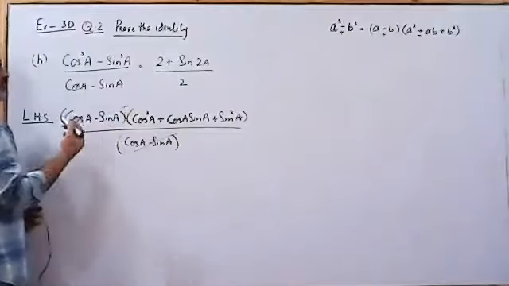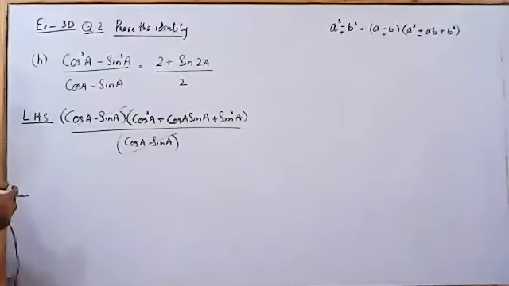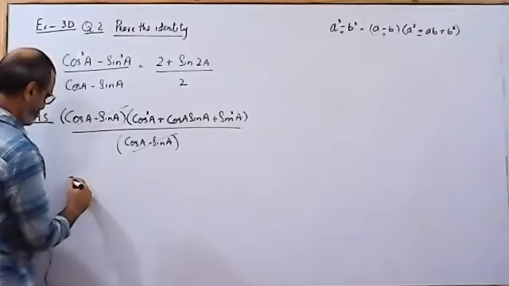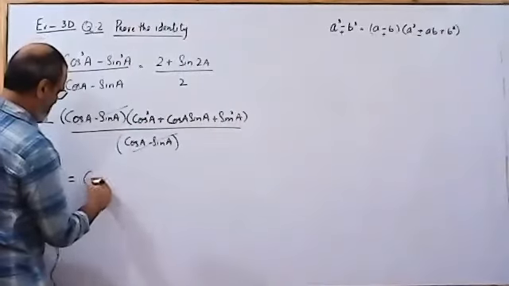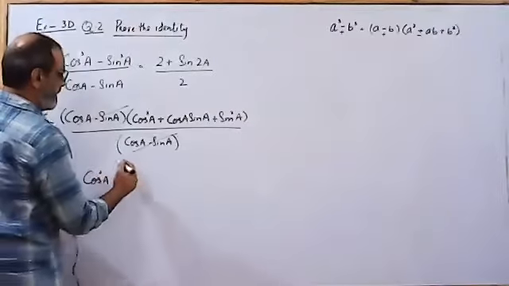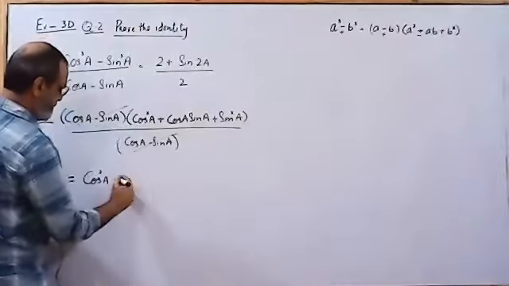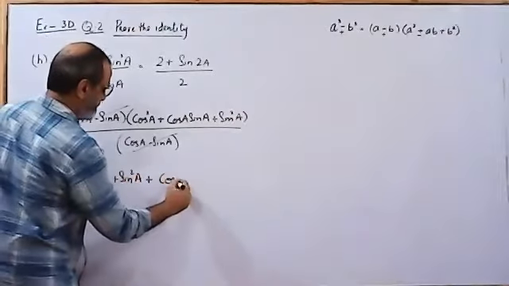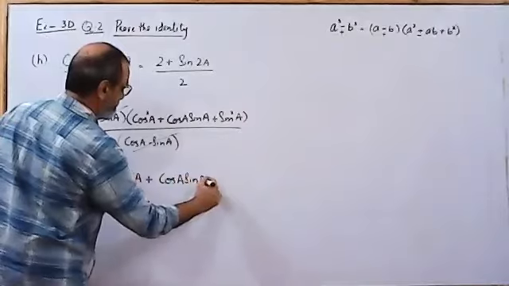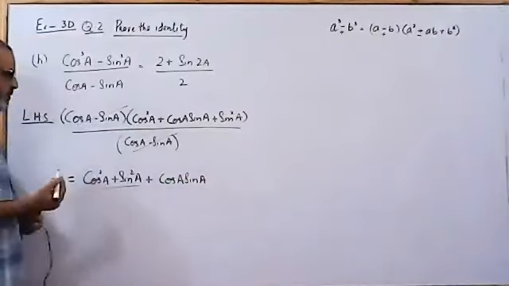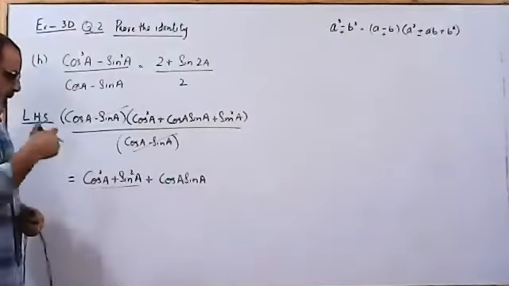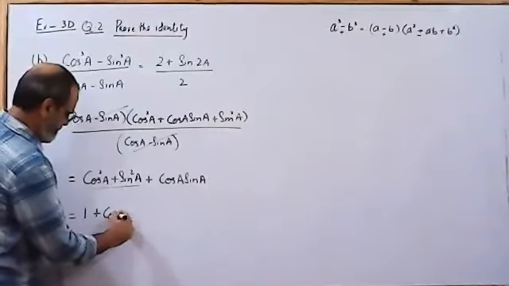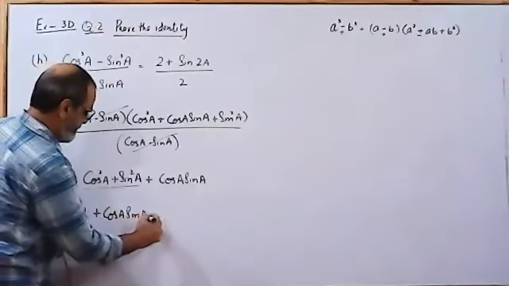I can divide cos A minus sine A with cos A minus sine A, the whole expression, leaving cos square A. I'm just going to reshuffle a few terms. I know cos square A plus sine square A is equal to 1. So I'll be left with 1 plus cos A sine A.